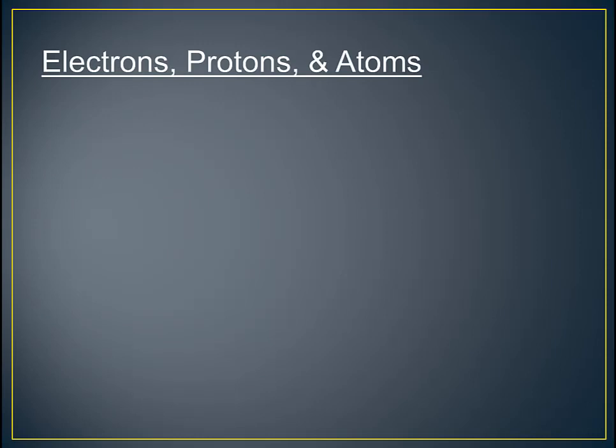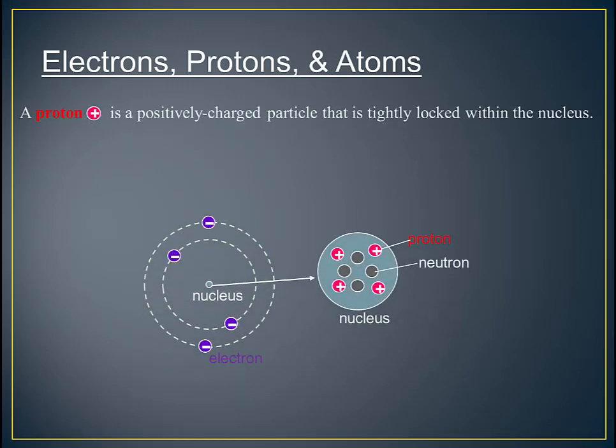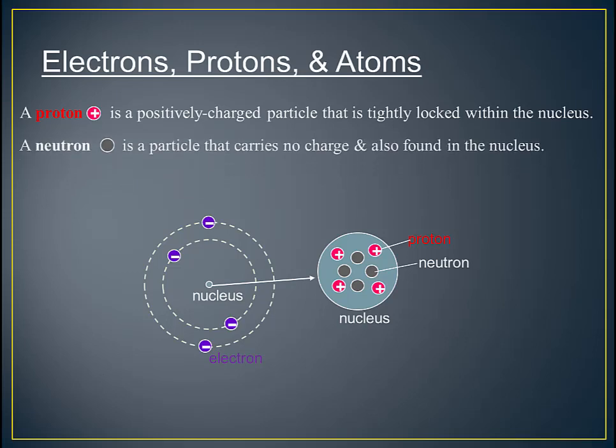Nature uses electrical forces to glue together all of our atomic elements. So a little basic chemistry here. If you recall, all atoms are composed of three basic subatomic particles. We have protons, which are positively charged, and they are tightly locked within the nucleus of an atom. We have neutrons, which have no charge, and they're also found in the nucleus.